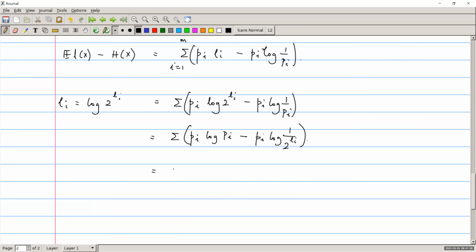So 1 over 2 to the li is just 2 to the minus li. And because it is a minus sign, it's now in the denominator.